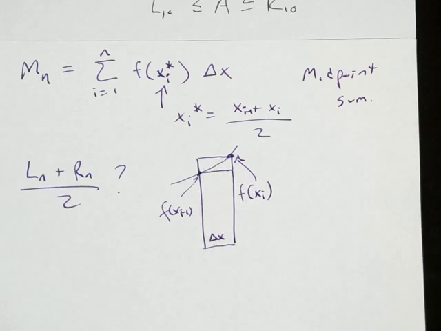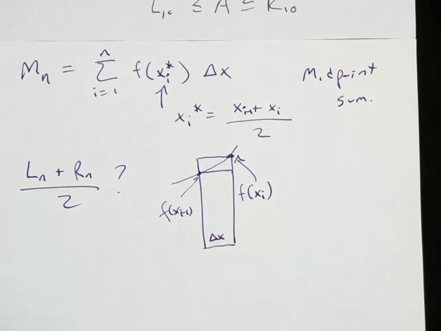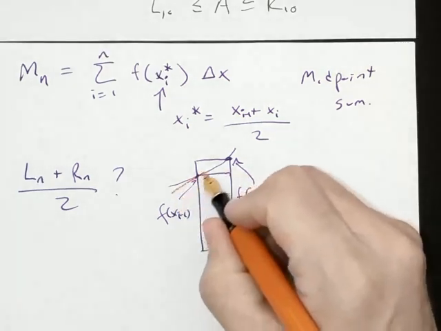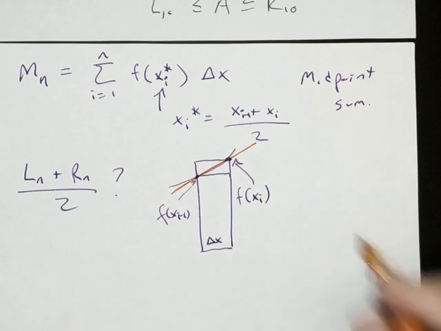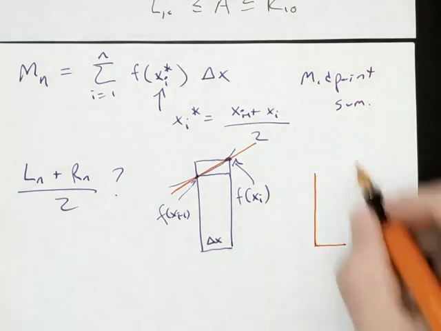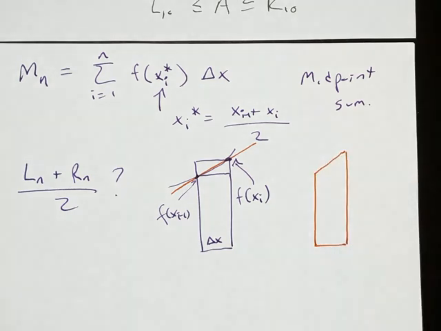Instead of cutting it in half horizontally or cutting it in half vertically, I'm going to cut it in half diagonally. Notice that the little diagonal line, the curve is slightly under it in this case, right? But it's a much smaller difference than either the difference between the small rectangle and the curve or the big rectangle and the curve. But that means that my new shape isn't a rectangle anymore.